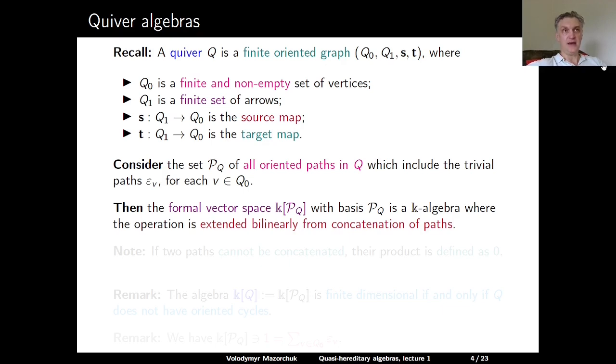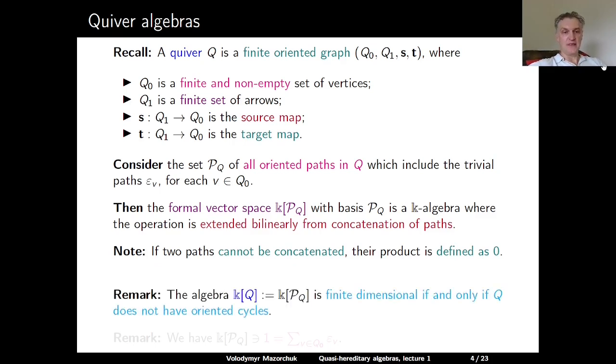So we define the operation on basis elements, and if we have 2 paths which we can concatenate, we concatenate them. If we have 2 paths which we cannot concatenate, in such a situation, the product of these 2 paths is declared to be 0. In this way, we define an associative algebra, the path algebra of our quiver, which we usually denote by KQ.